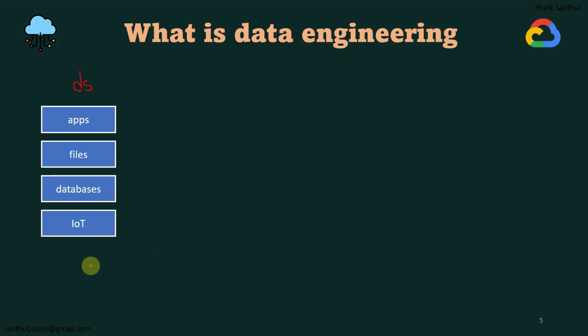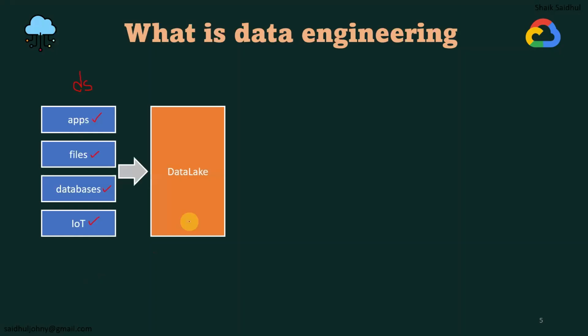The very first thing is that this data is coming from some application, some file format, some database, and IoT devices. So the very first thing we do is extract the data from these multiple locations, applications, and services, and store it into a single layer called a data lake.